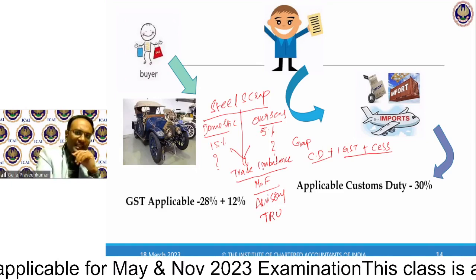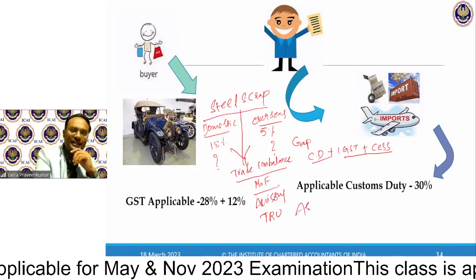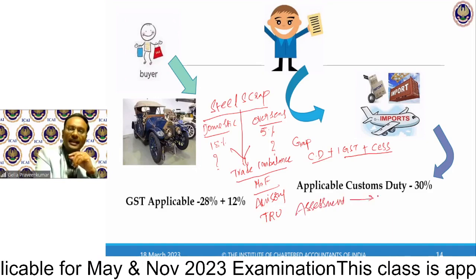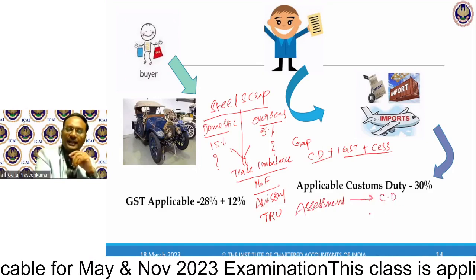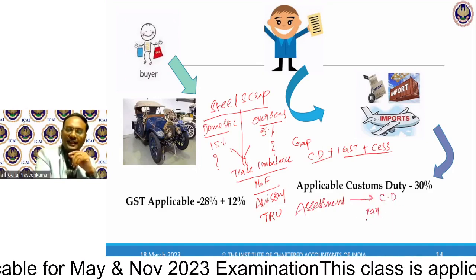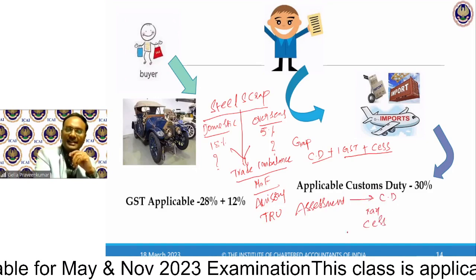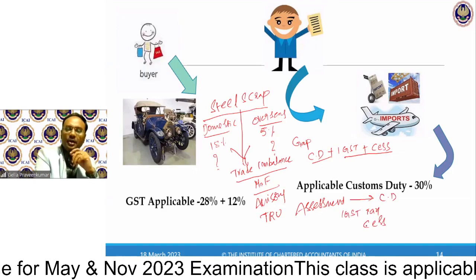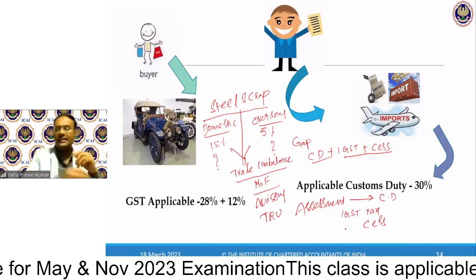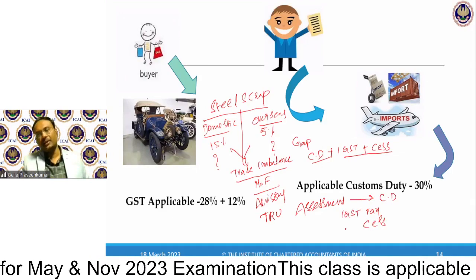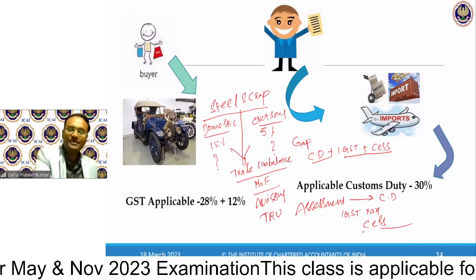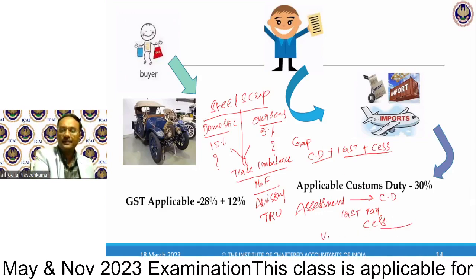My levy under customs law makes me pay customs duty plus tax, which is called GST, plus cess if applicable. When I say tax, it is IGST and compensation cess, as per your GST law. All these three components sum up to my value for import.